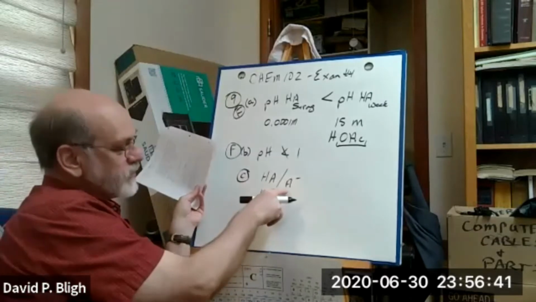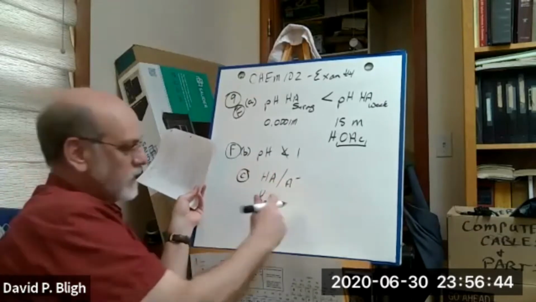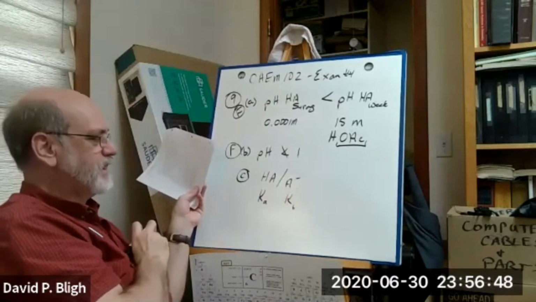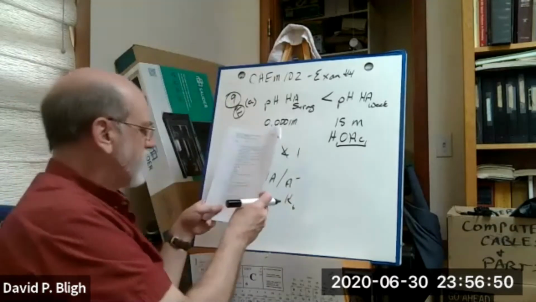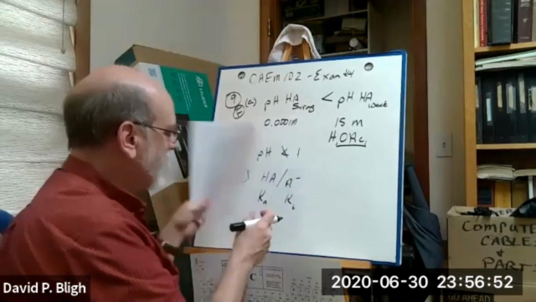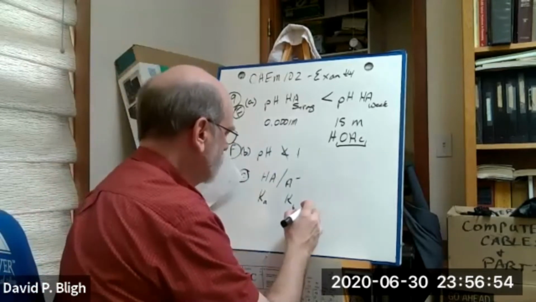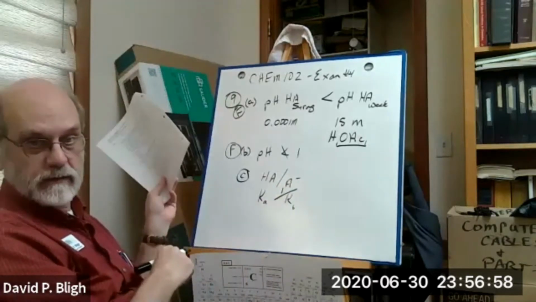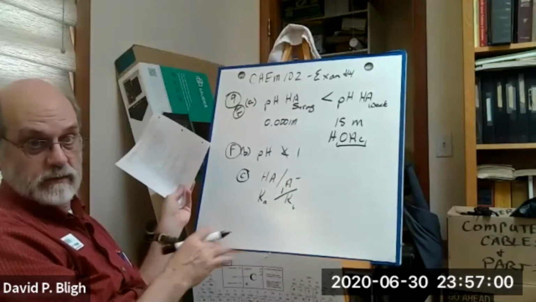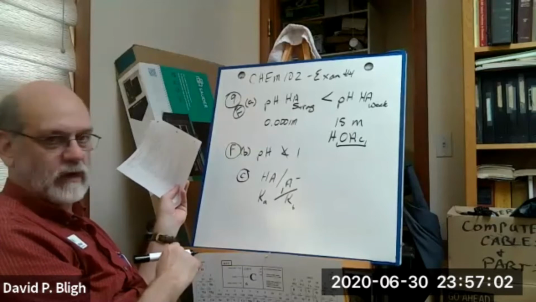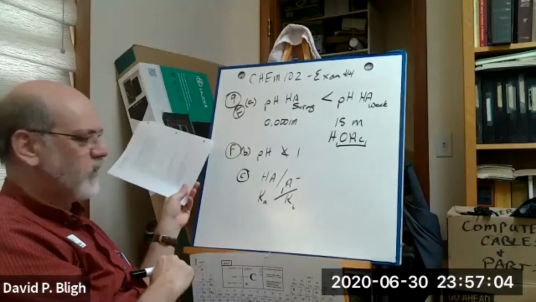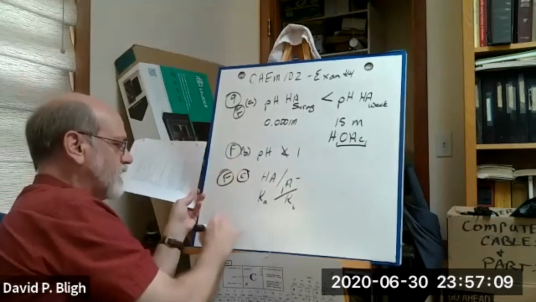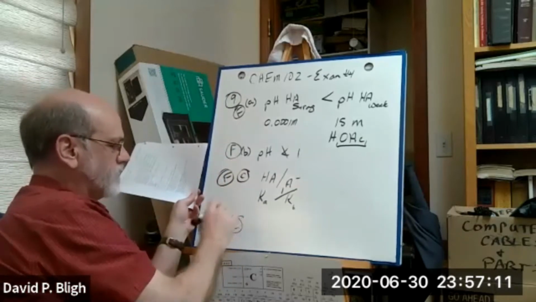For the reaction of A minus with water, you have a Kb value. Right? So this is saying that if you want to know what the Ka is, then you take the reciprocal of the Kb. Is that true? No, of course it's not. We've already proven that. That's false. That means E is the answer.